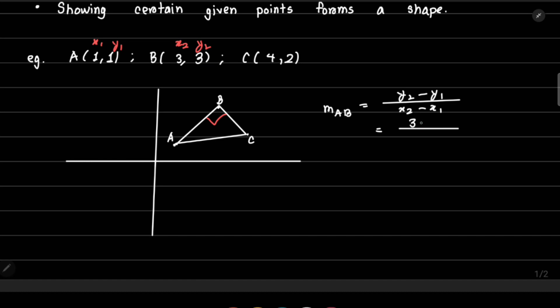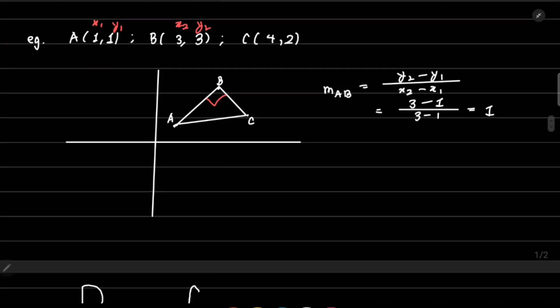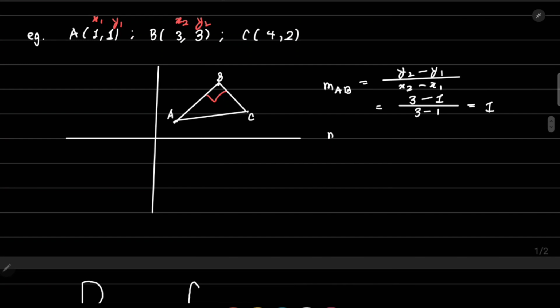We'll get 3 minus 1 divided by 3 minus 1, a gradient of 1. Now we have to find the gradient of BC. When we are finding the gradient of BC, this is x1 y1, this is x2 y2. So y2 minus y1 is 2 minus 3, x2 minus x1 is 4 minus 3, we'll get minus 1.